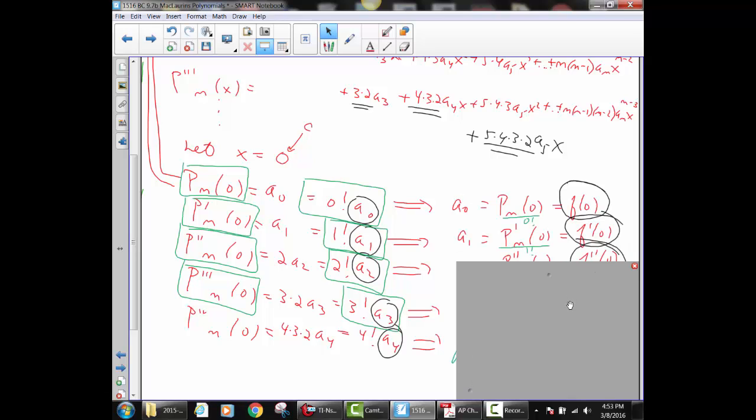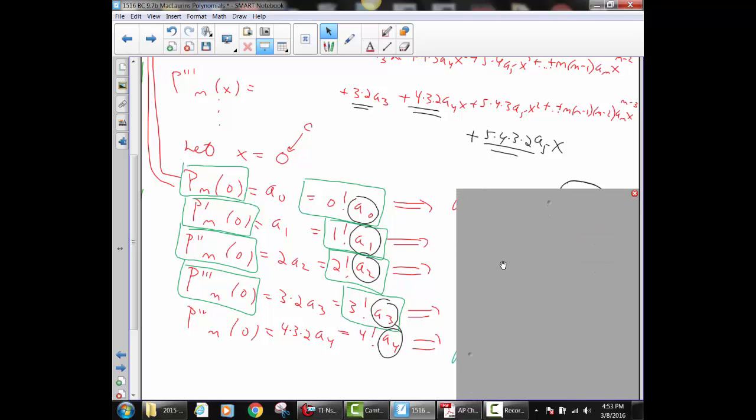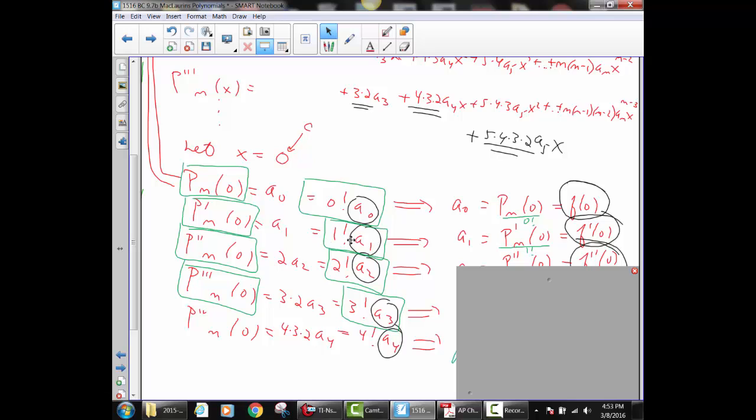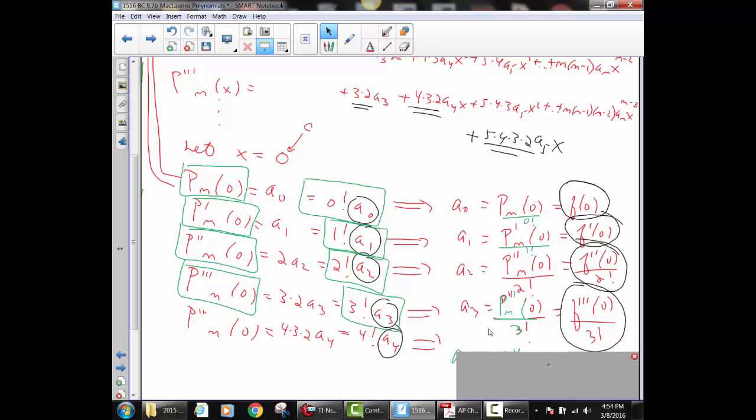So it turns out that our a0 is equal to Pn of 0 divided by 0 factorial. Our a1, if I isolate it, is the derivative of Pn at 0 divided by 1 factorial. And then our a2 is the second derivative at 0 divided by 2 factorial, etc. So instead of P, we're going to call it f.